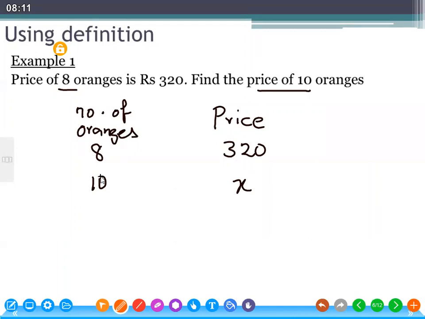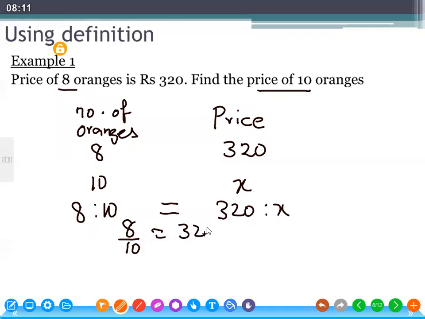We can write this as a ratio, 8 is to 10, then 320 is to X. So the ratios are equal. Now you can write this as a fraction, 8 by 10 equals 320 by X. You have to find the value of X. Here I am going to do the cross multiplication.